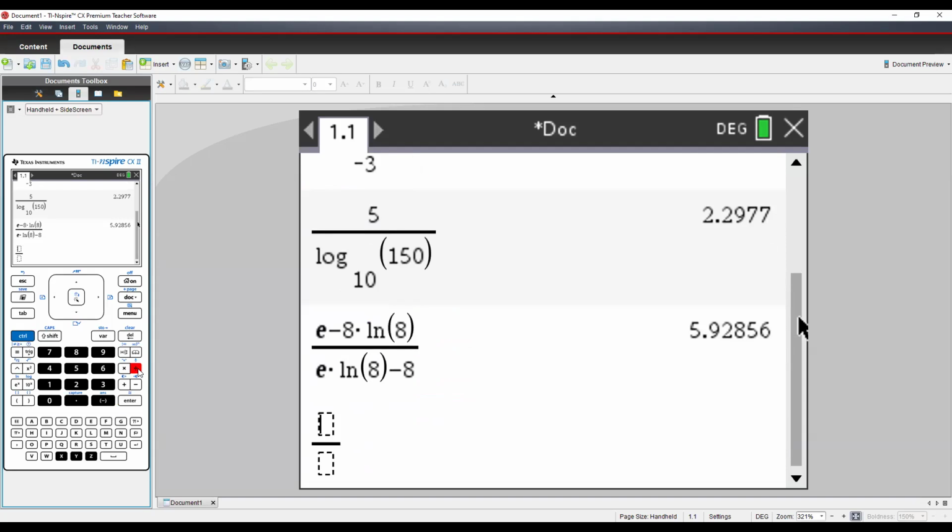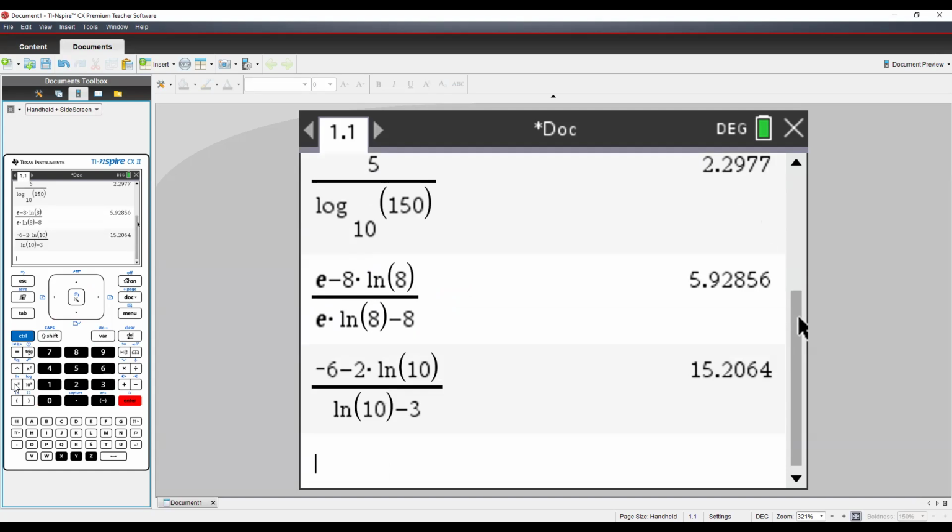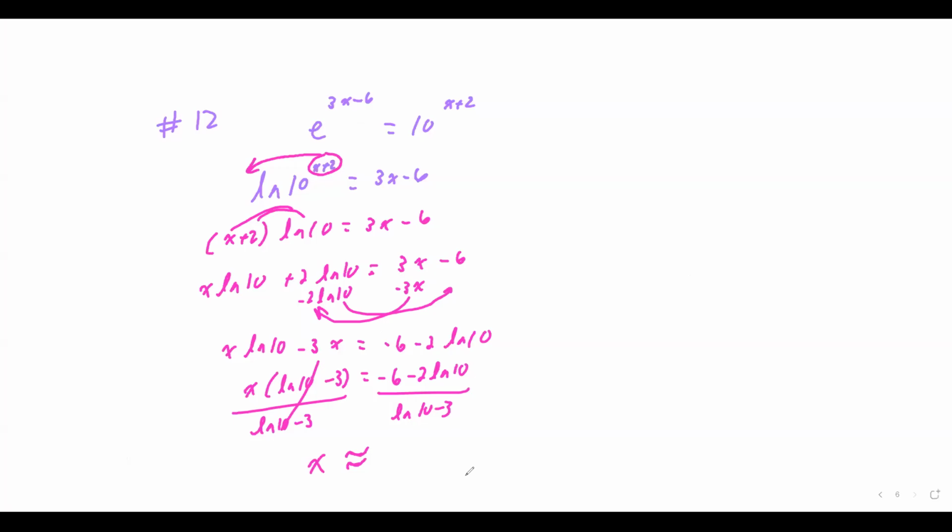Again, that's going to be negative 6 minus 2 natural log of 10 over natural log of 10 minus 3. And so I get 15.21. When I bounce back over here, there we go. So again, that would be 15.21.